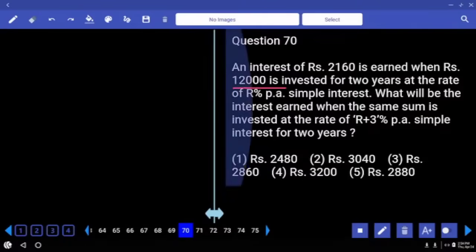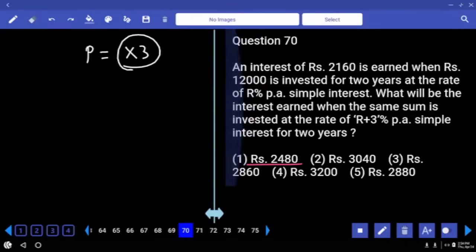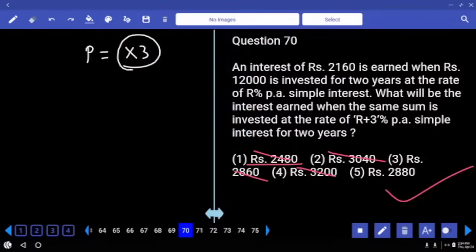What is your principal? Principal is 12,000, which is a 3 multiple, right? If principal is 3 multiple, interest also should be, whatever the rate of interest it may be, correct? Is your first option 3 multiple? Second option, third option, fourth option, fifth అయి తీరాల్సిందే కదా ఇంకా.